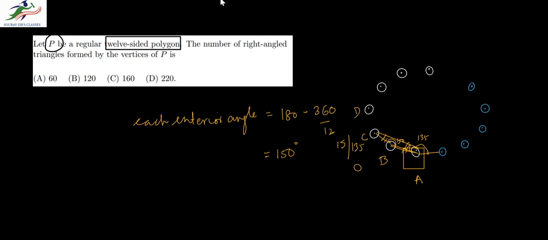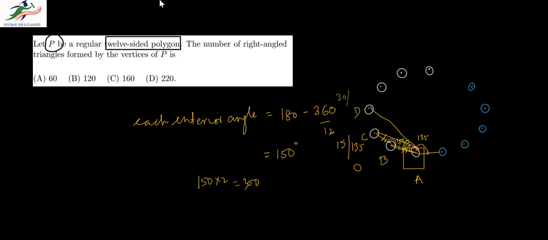If we come to point D, now this is going to be a quadrilateral. So angle C and angle B each would be 150, into 2 is 300. The total sum of the angles of the quadrilateral is 360. So the angle made by A with the point D is 60 by 2, which is 30 degrees.